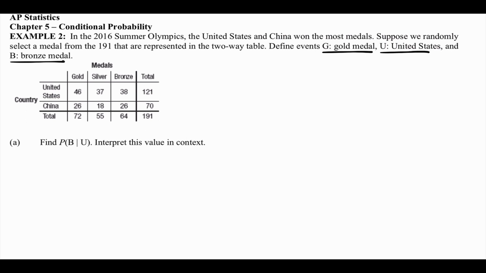They've already told us that. So now we have to find the probability of B given U. U has already happened, so go right to the formula.